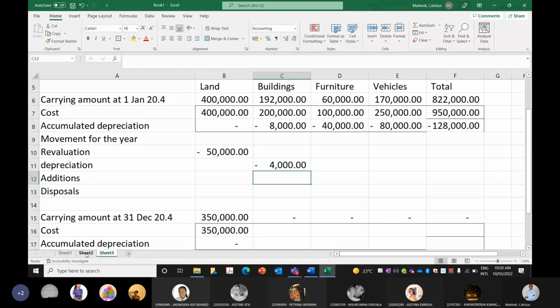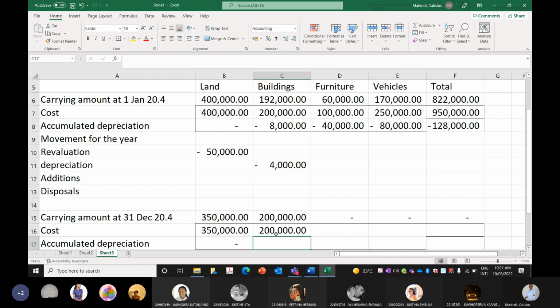Now with the buildings, this is a bit different. Your cost doesn't change, right? So at the bottom, you can put your cost price. Since we didn't buy anything, there's nothing in the movements for the year that has affected our cost. So our cost price remains the same at 200,000. But look at the accumulated depreciation and depreciation, they work together, isn't it?